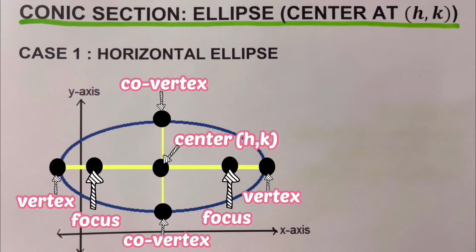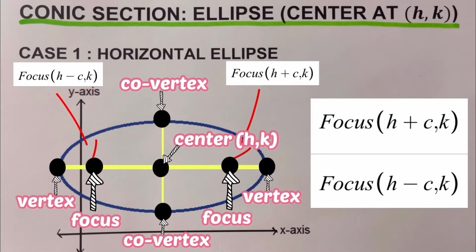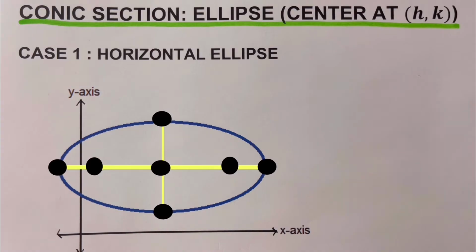Another part is the focus. We remember that the coordinates of the foci for the horizontal ellipse are (h ± c, k).